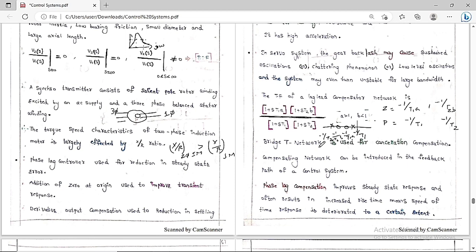A compensating network can be introduced in the feedback path of the control system.